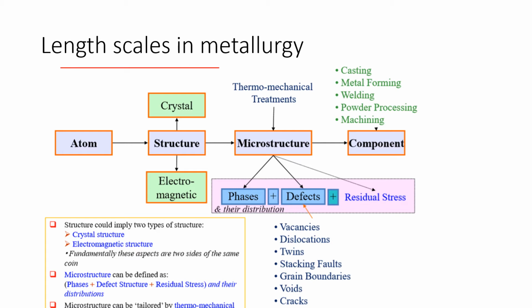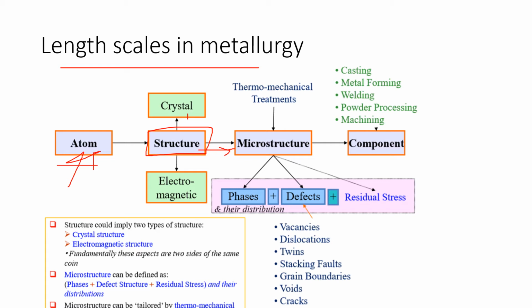Length scales in metallurgy. Basically, the whole universe is formed of atoms, and all the structures we see are formed by crystal forms and electromagnetic properties. Similarly, if we study the behavior of the structure, we go to the microstructures.